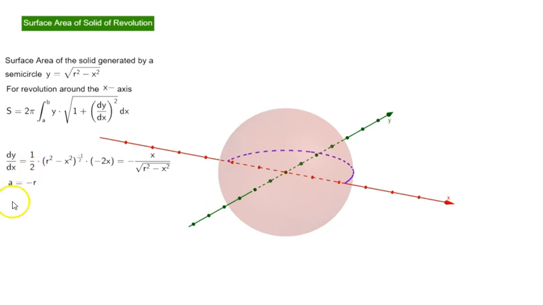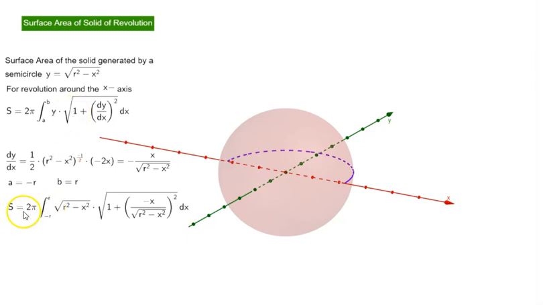Here, a is equal to minus r. So this is the radius. So on the positive side, we have r, that is b equal to r, and on the negative side, we have minus r. So we have to figure out from a to b.